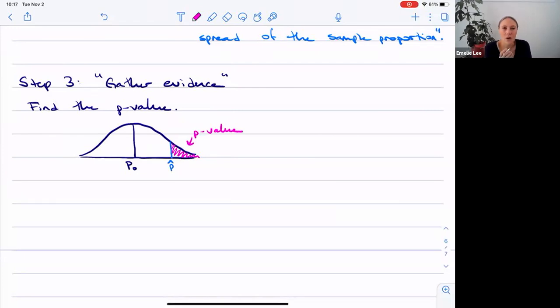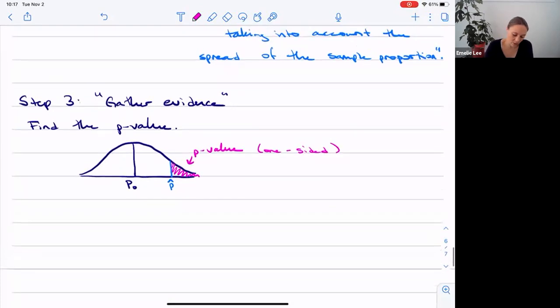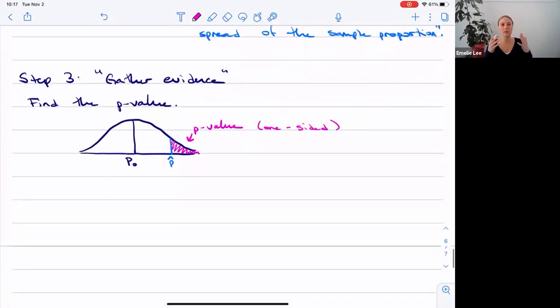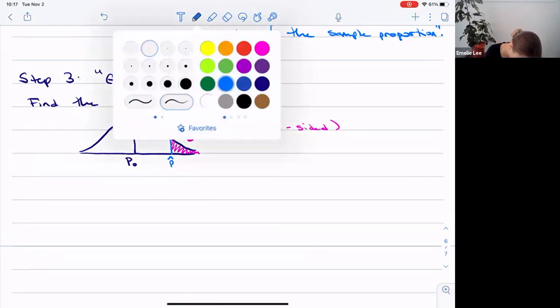We call this a one-sided p-value. The two-sided p-value is when we say, okay, if I'm testing a not equal to scenario, I'm just looking for a change. So just because I saw a sample proportion that was above, that could have just as well happened on the other side as well.